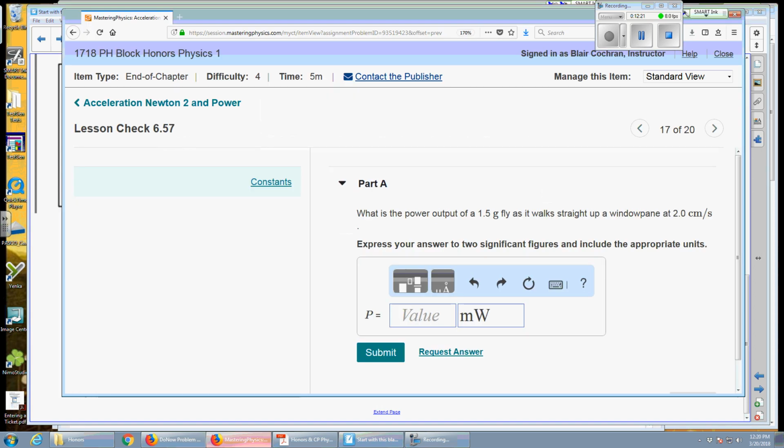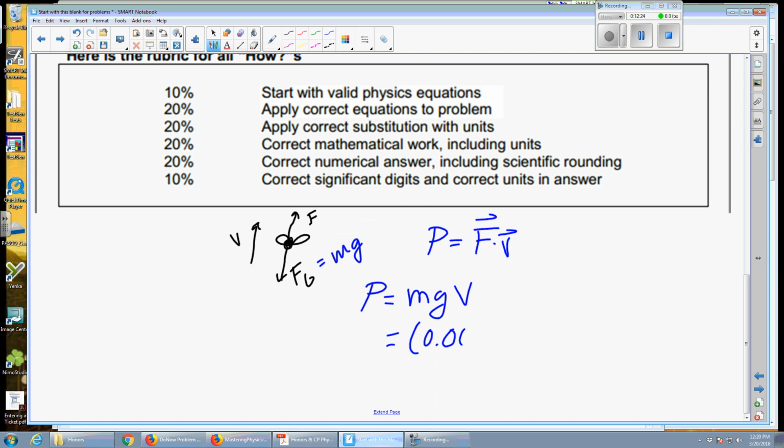Its mass, therefore, is going to be 0.0015 kilograms. I'm assuming this fly is on the Earth because I don't know flies on Mars. And then I have its velocity, which is 2 centimeters a second.